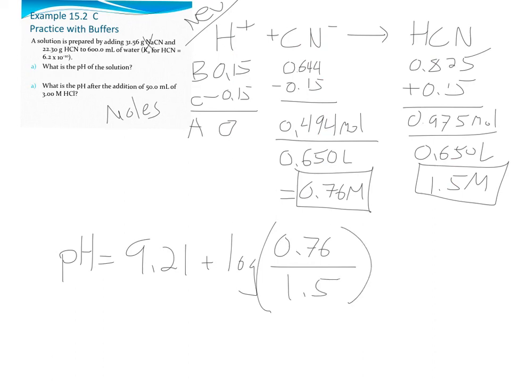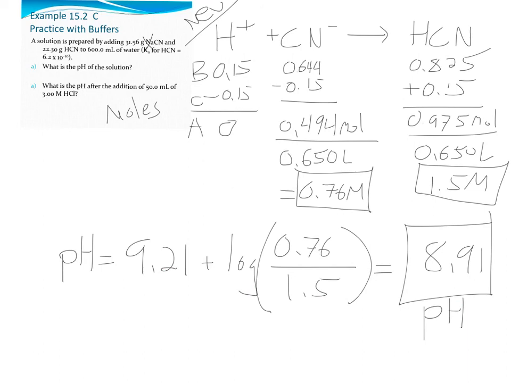Now we added more acid, so this pH should be lower than it was in the last problem. We solve that, and we get 8.91. We can see that even though we added a strong acid to this problem, the buffer neutralized it and was able to regulate the pH and keep it really close to that pKa. We have more acid, so it's a little lower than before, but it keeps it regulated pretty close to that value.